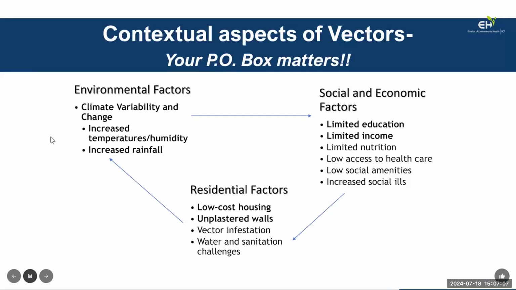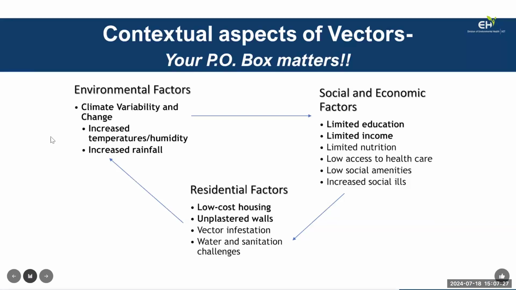So the contextual aspects, and I put in this title, your PO box matters. So where you currently live really matters with regards to your exposure to these vectors and the resulting risk of vector-borne diseases. And we usually talk about socioeconomics.